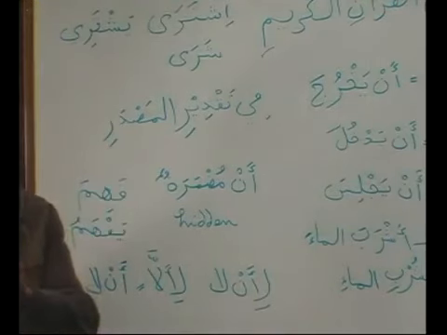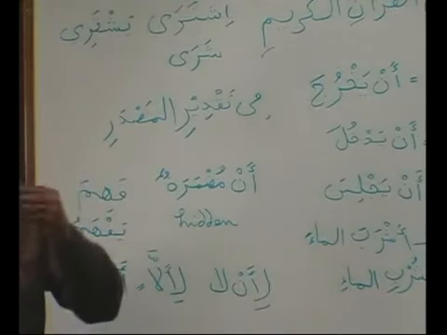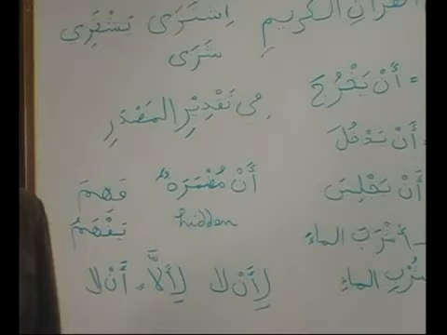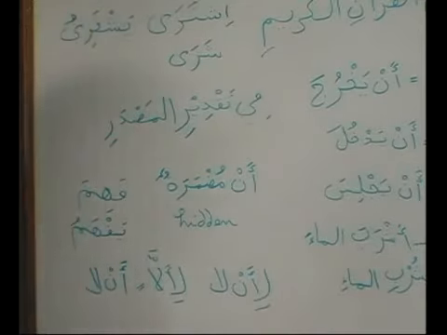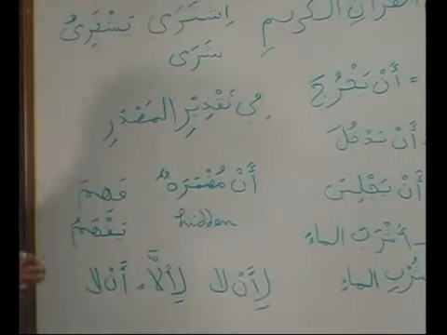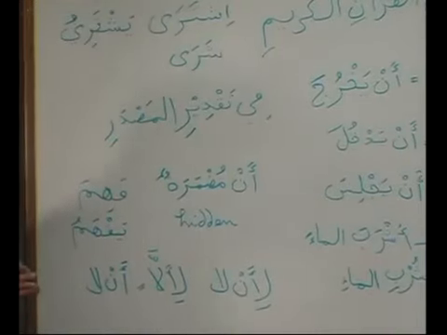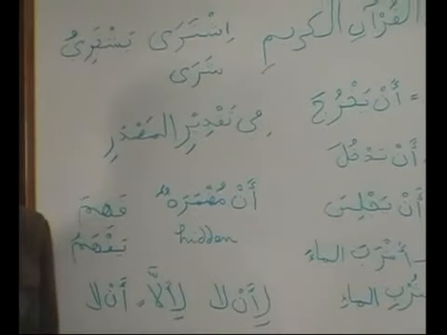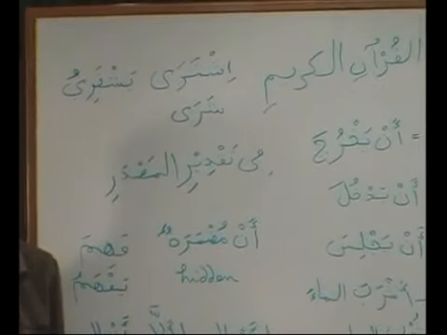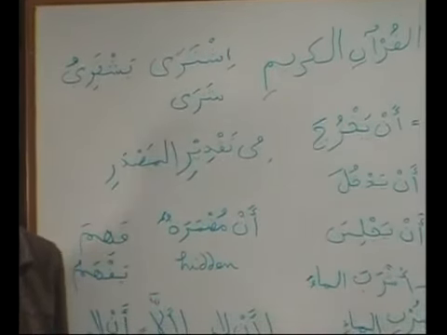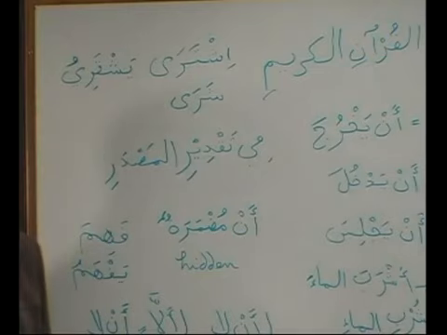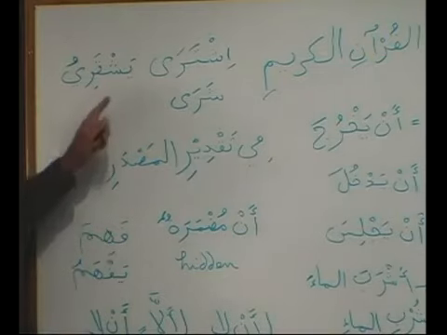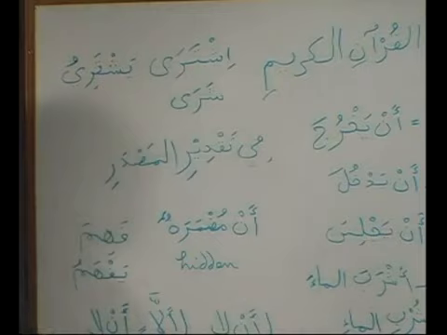What is it? Estimated dhamma. Where is your estimated dhamma, Sister Sumayya? Because in the base form, the lam kalima gets a dhamma. Kataba yaktubu. Nasara yansuru. Daraba yadribu. Fataha yaftahu. So, ishtara, yashtari.